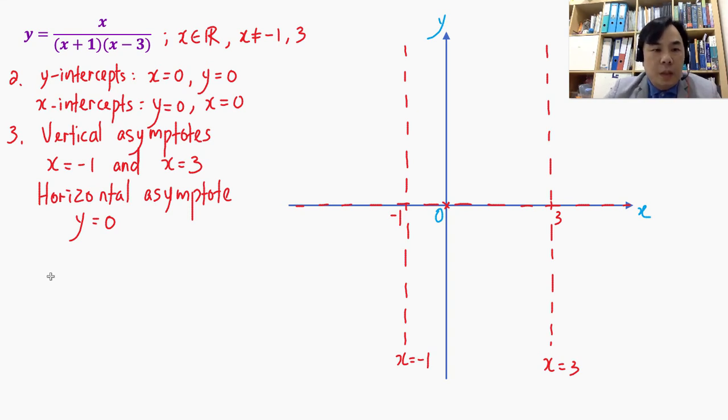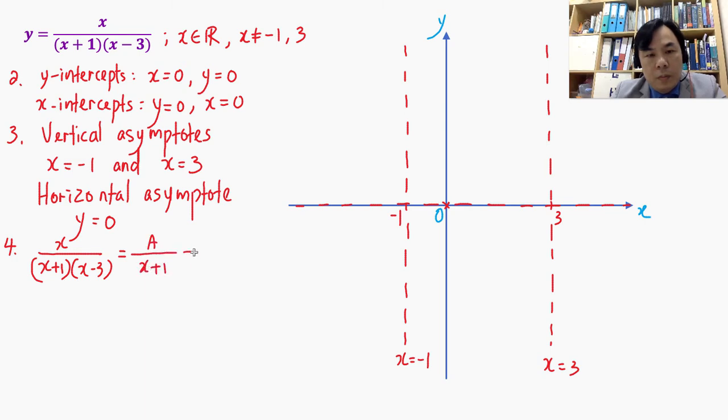Next, guideline number 4 is the stationary points. As usual, we're going to form the partial fraction for this so that it's easier for us to differentiate. So in this case, you can write its partial fraction format.